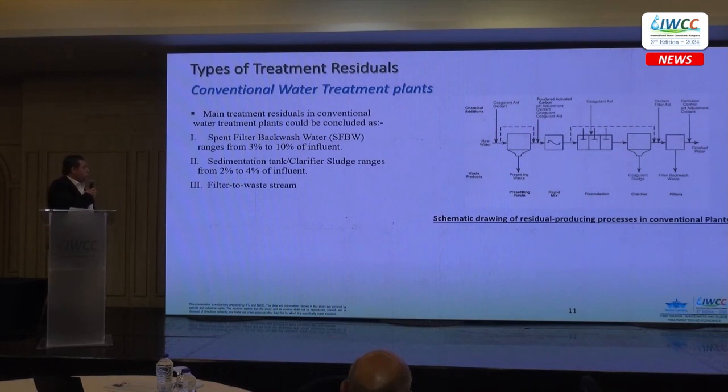We would focus on spent filter backwash water because it consists of the most quantity of residuals in any conventional treatment plant.